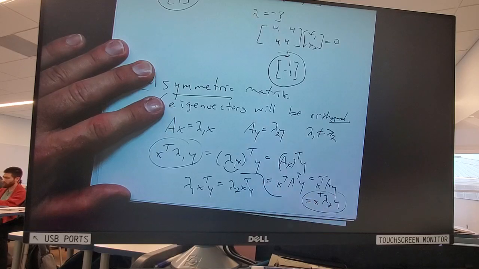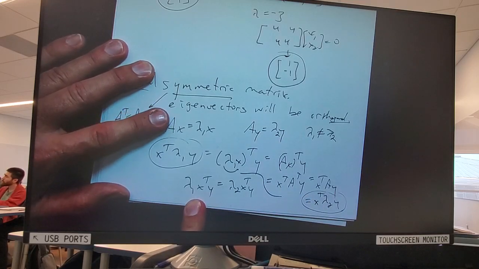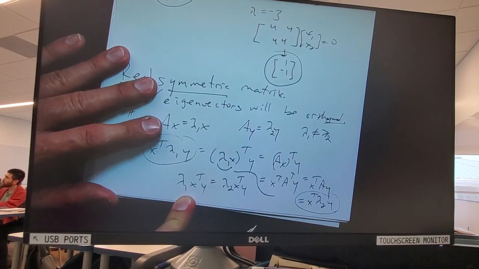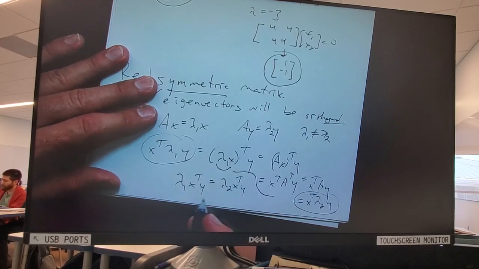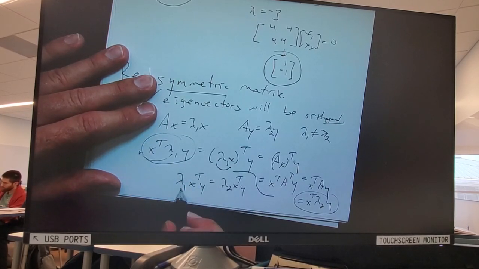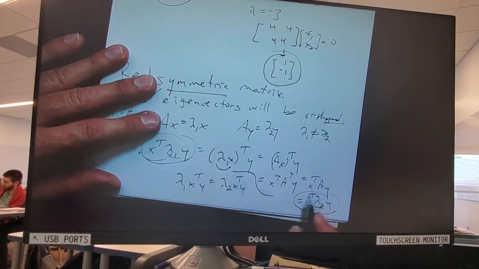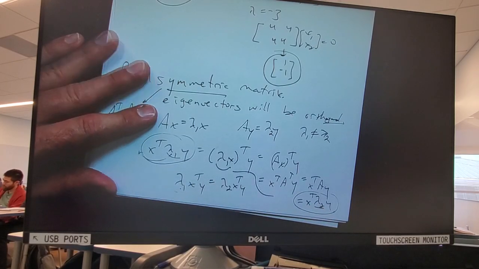Lambda 1 X transpose Y equals lambda 2 X transpose Y. This is just a number, so I can just put it out front. Lambda 1 and lambda 2 are just numbers, so I can just put them out front. Is that cool?